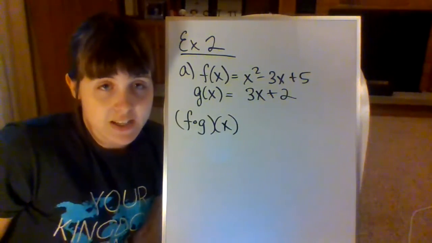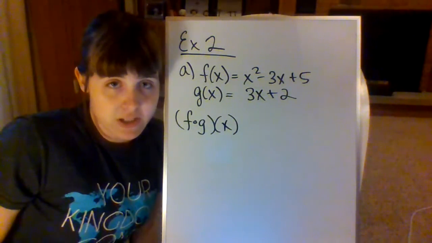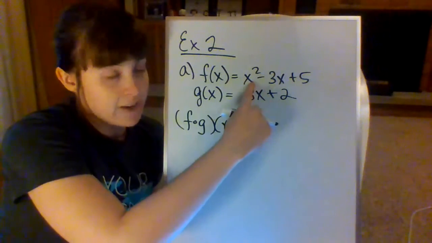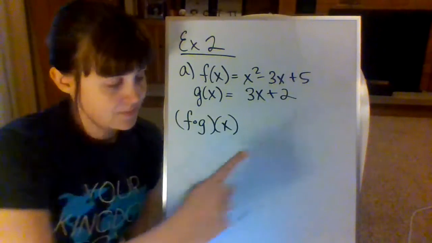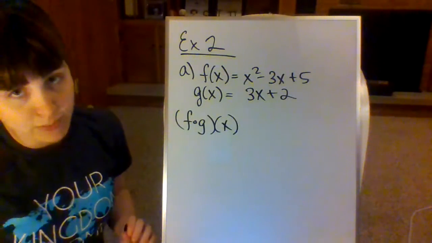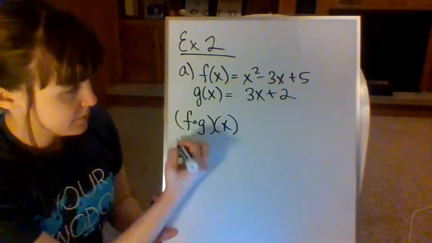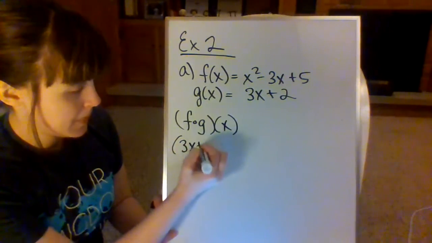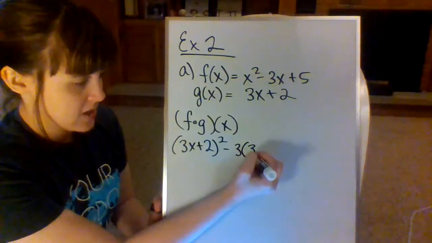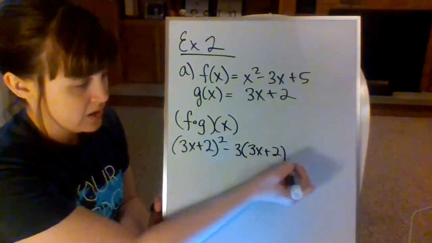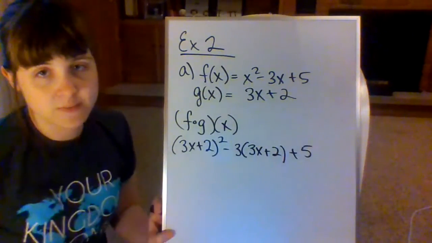We're going to take the g of x function, which is 3x plus 2, and replace every x in the f of x function with 3x plus 2. So that's going to take a little bit of space. So 3x plus 2 squared minus 3 times 3x plus 2 plus 5.